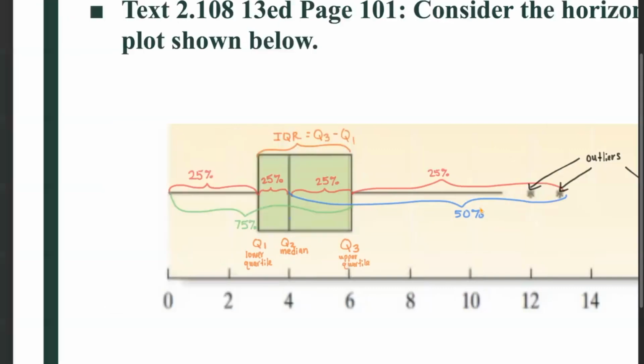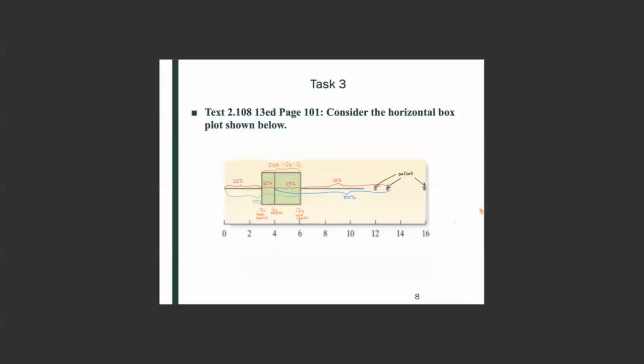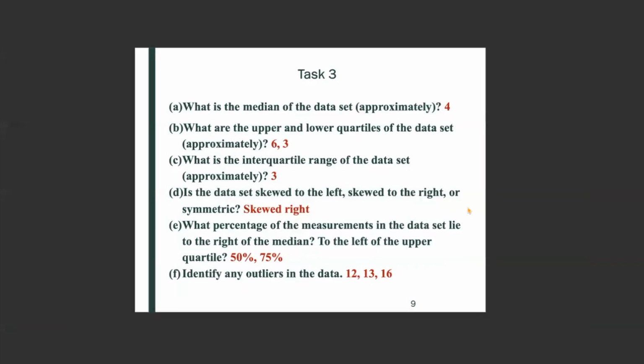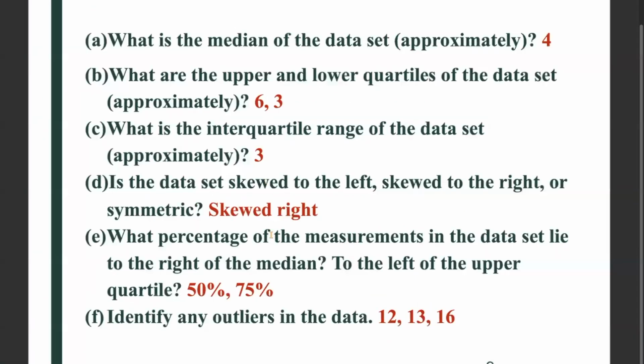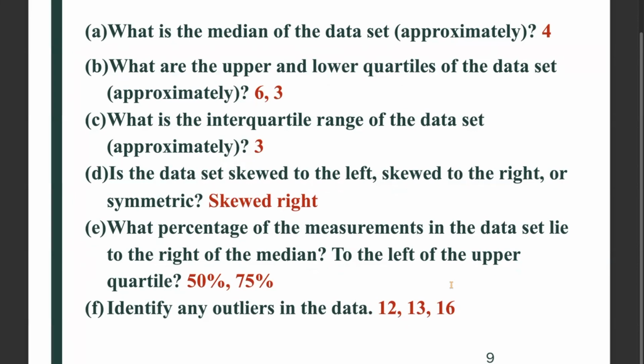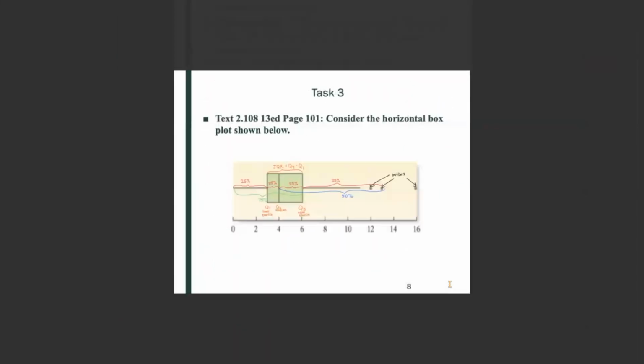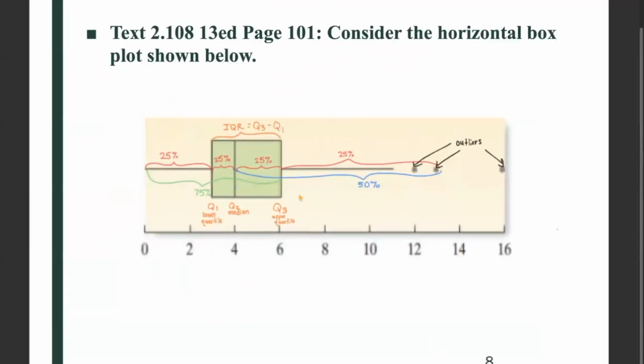The next question asks, sorry about that, what percentage of the measurements in the data set lie to the right of the median and to the left of the upper quartile? So first, let's look to the right of the median. Okay, so to the right of the median, here's the median.